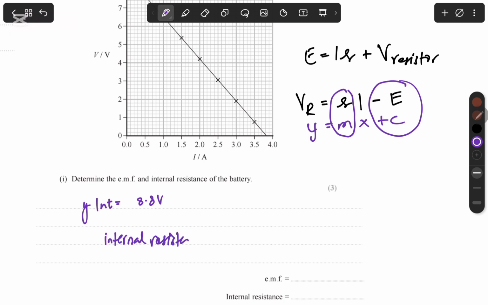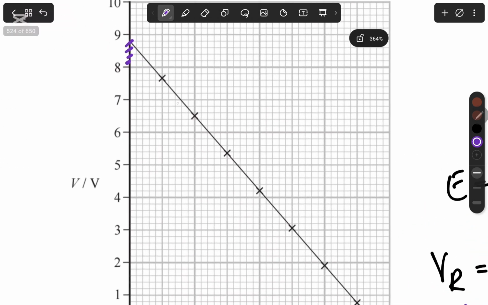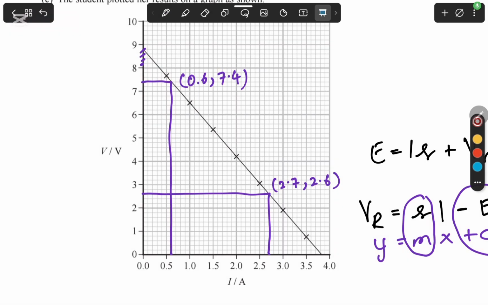So you're going to take 2 points here. Let's go with this point, and then the other one, let's go with this point. So the 2 points we're going to get as 0.6 and 7.4 and 2.7 and 2.6.